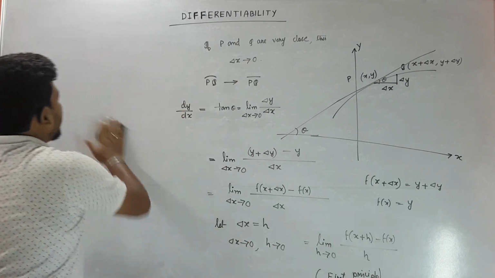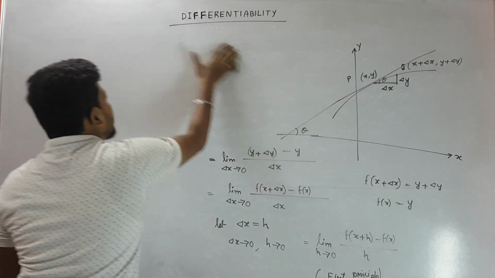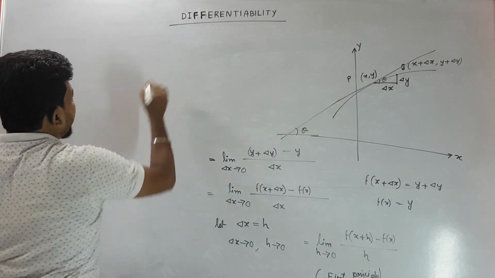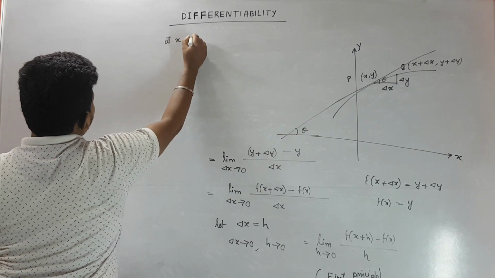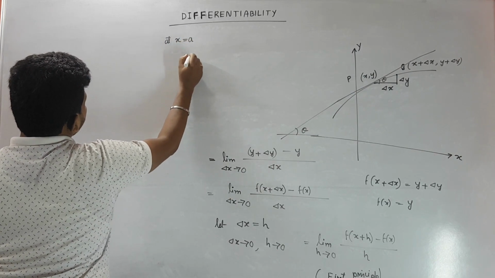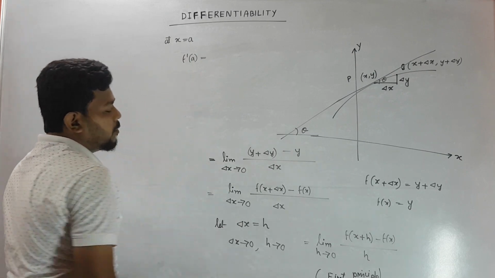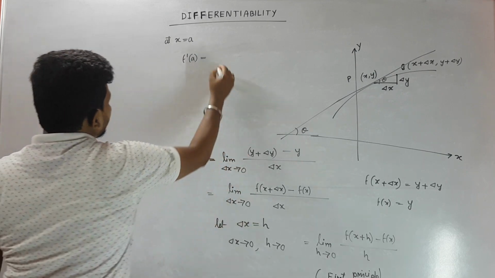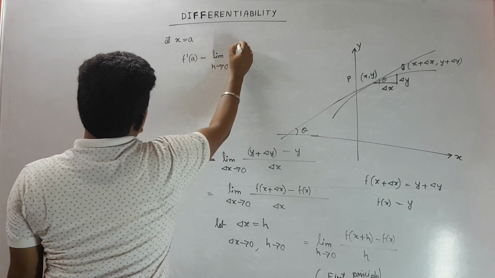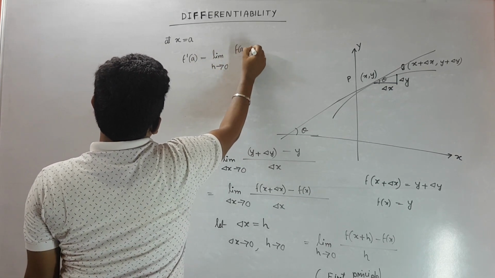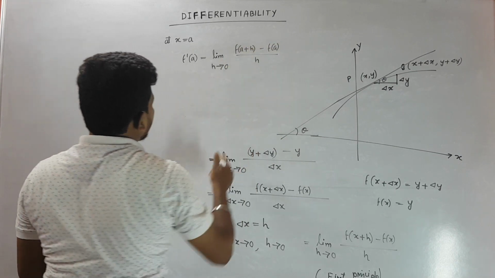Now, if you are given a particular point x equal to a, at x equal to a we can write f dash a, or the value of dy by dx at the point x equal to a, is equal to limit h tends to 0 of f of a plus h minus f of a, by h.